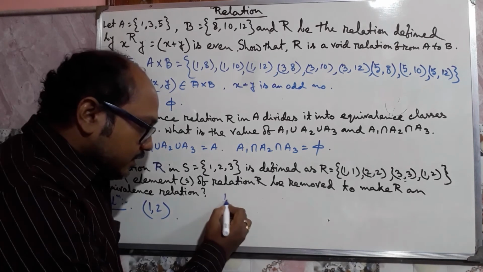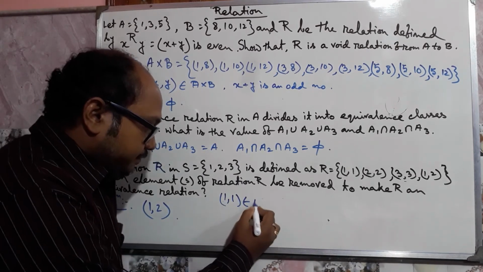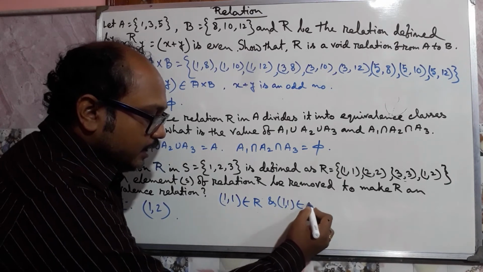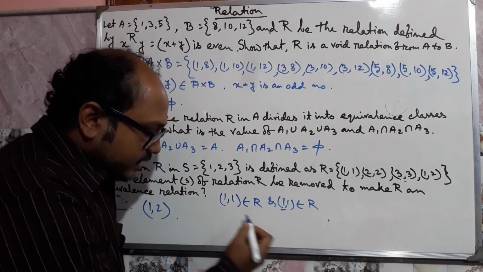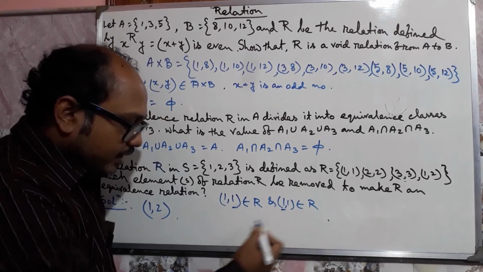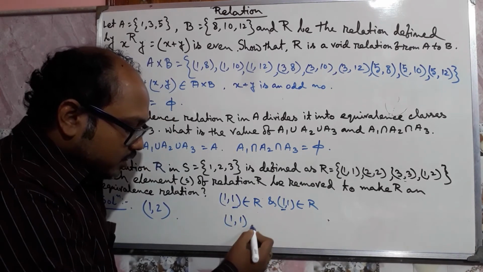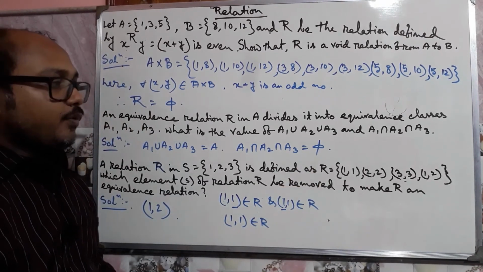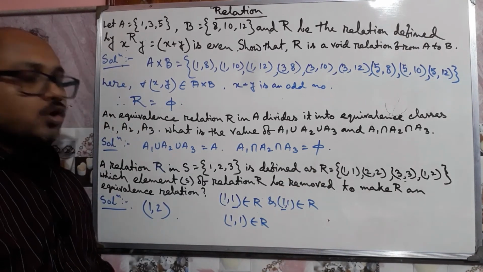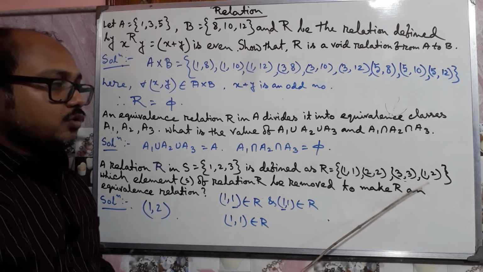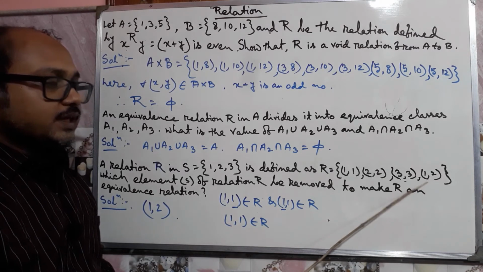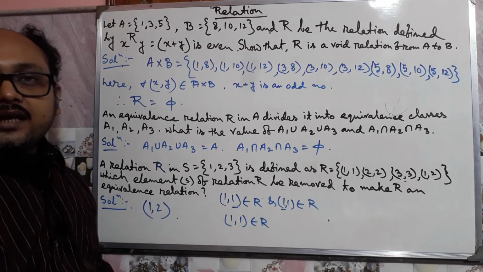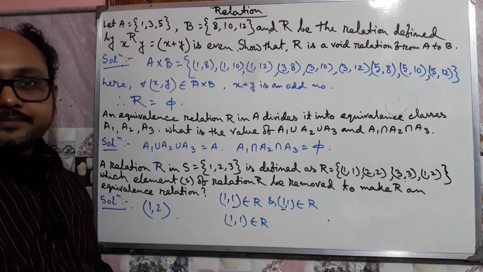That means (1, 1) belongs to R and (1, 1) belongs to R. Ultimately eliminating the first element and the last element, it will also be (1, 1), which belongs to R. So, R is transitive. Same for (2, 2) and (3, 3). So, ultimately we have to remove only this element (1, 2) to make R an equivalence relation.